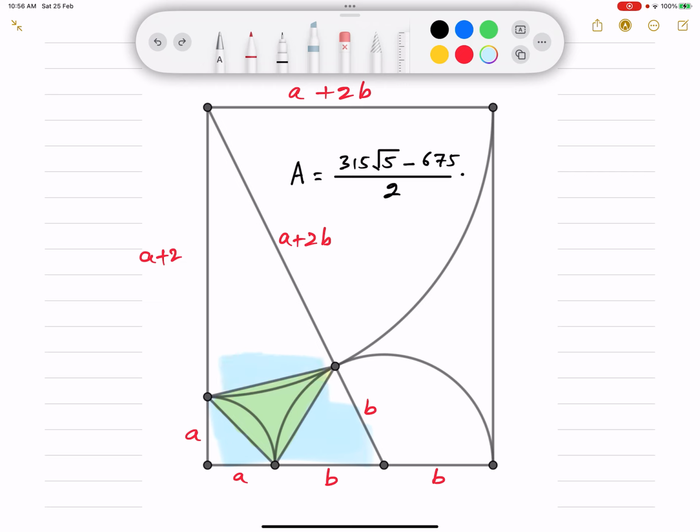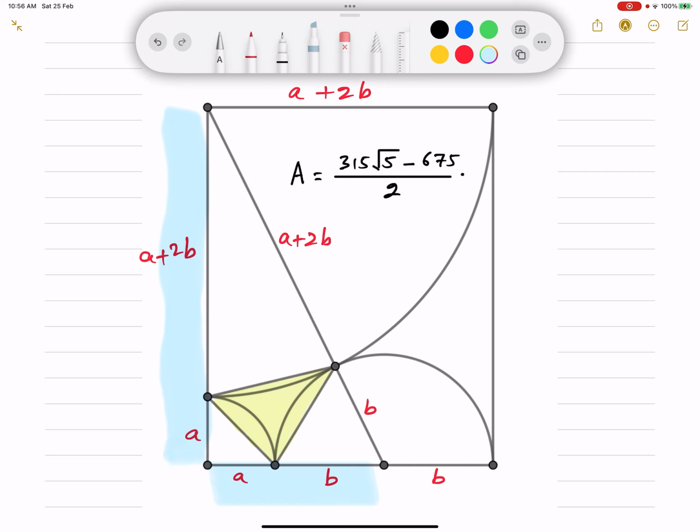This triangle basically has a base whose length is a + b, and this is a + 2b. If you pay attention, the length of the base is a + b, and the length of the perpendicular leg here is 2a + b.